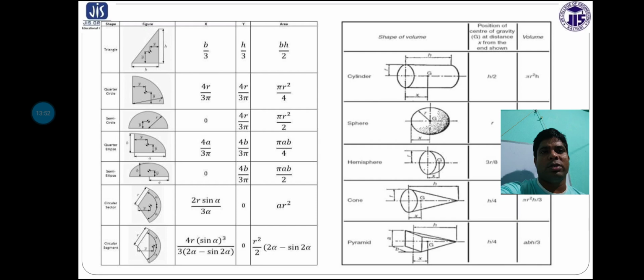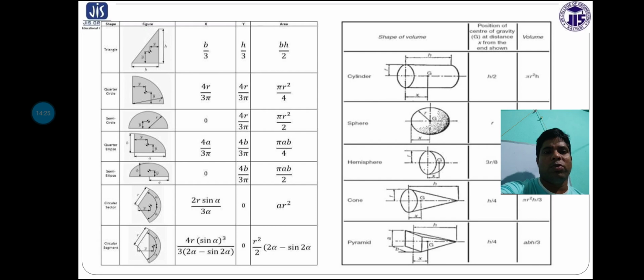According to the x axis, the centroid will be 2r sin alpha by 3 alpha, where alpha is the half cone angle, and y bar is obviously 0, and the area will be alpha r square.